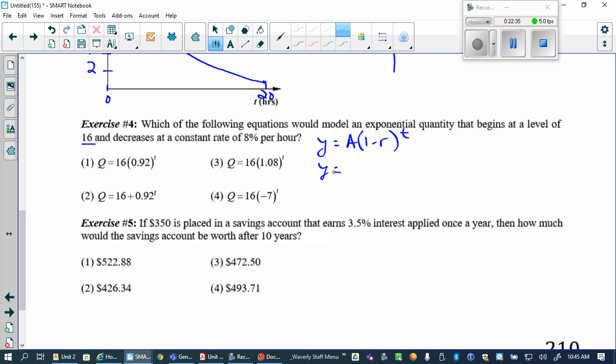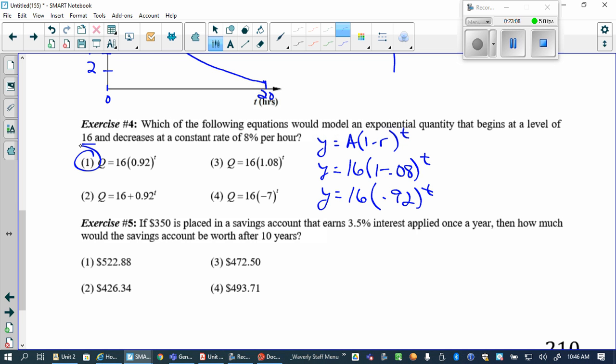Y equals, what's the a in this case? 16 times 1 minus what? 0.08 to the t. And what is 1 minus 0.08, kids? 0.92 to the t. So now we don't have to guess. It's number 1. Where do you get 0.92 from? 1 minus 0.08.